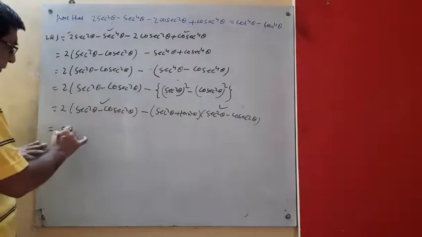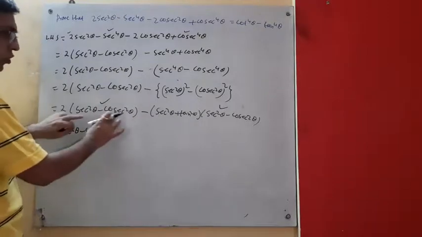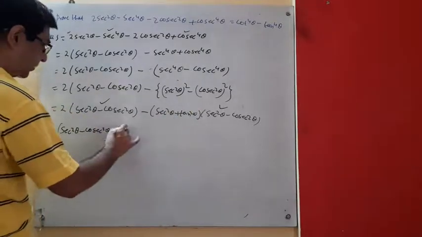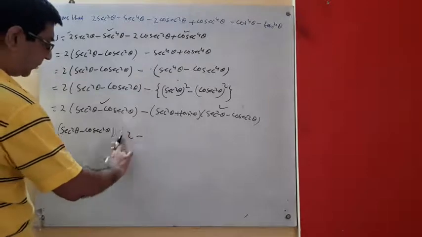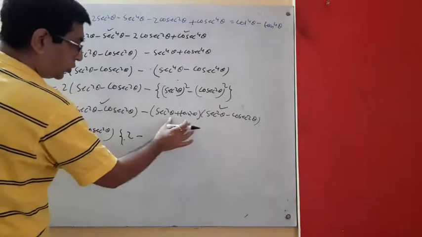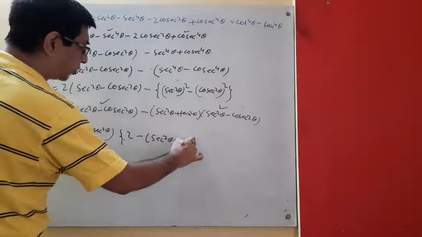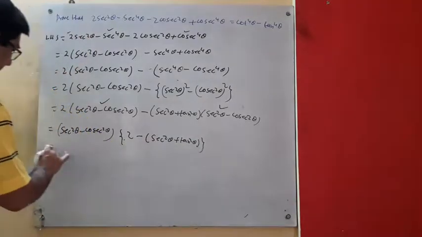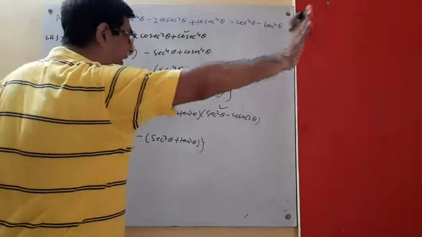This is sec square theta minus cosec square theta. This part is common, and we get this one 2 minus, right? And this part is common, so we are left with this part, sec square theta plus tan square theta, right? So this portion, look, sir, the question is cot. Let me see.